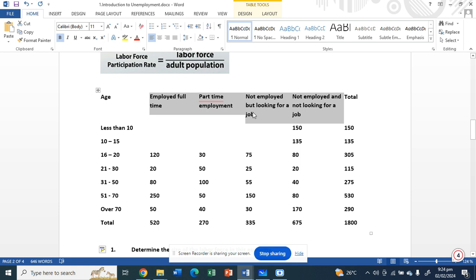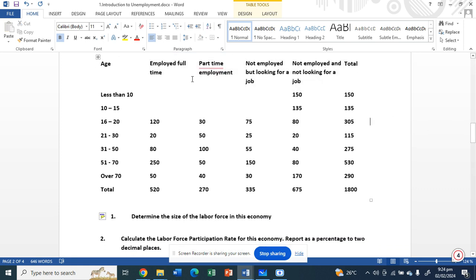This is an unemployed person. Then not employed and not looking for a job. This is the discouraged worker. So for the labor force, we're going to only focus on the employed, part-time employed, and those who are not employed but looking for a job.